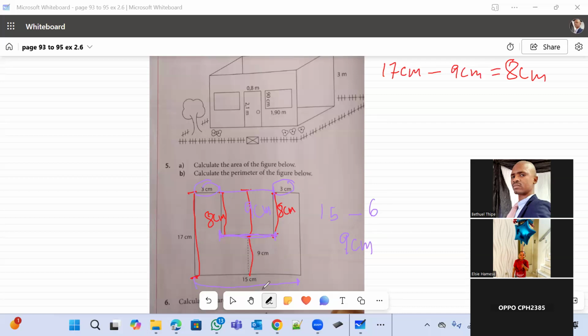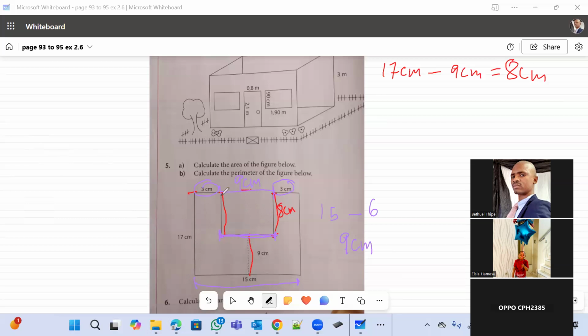Is that true? It can't be 9. 15 minus 6 is 9, yes, but that 9 is measuring from where to where?